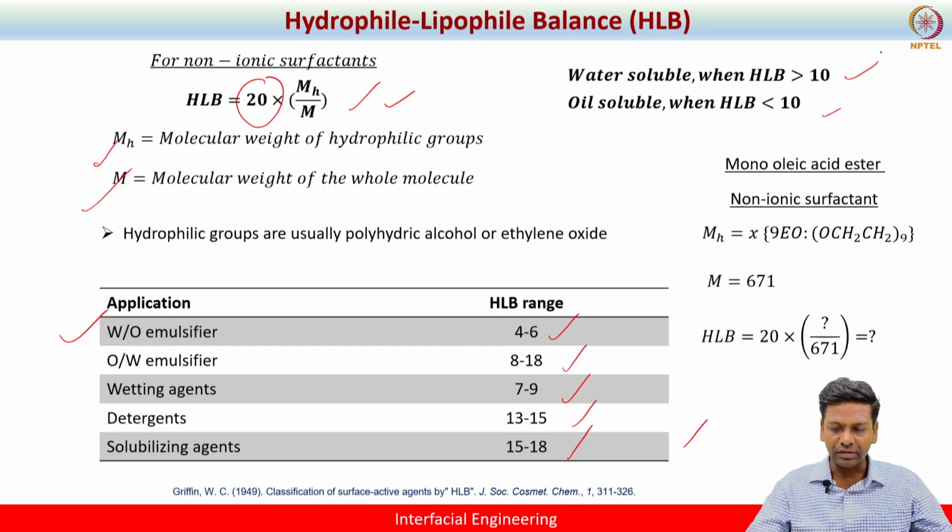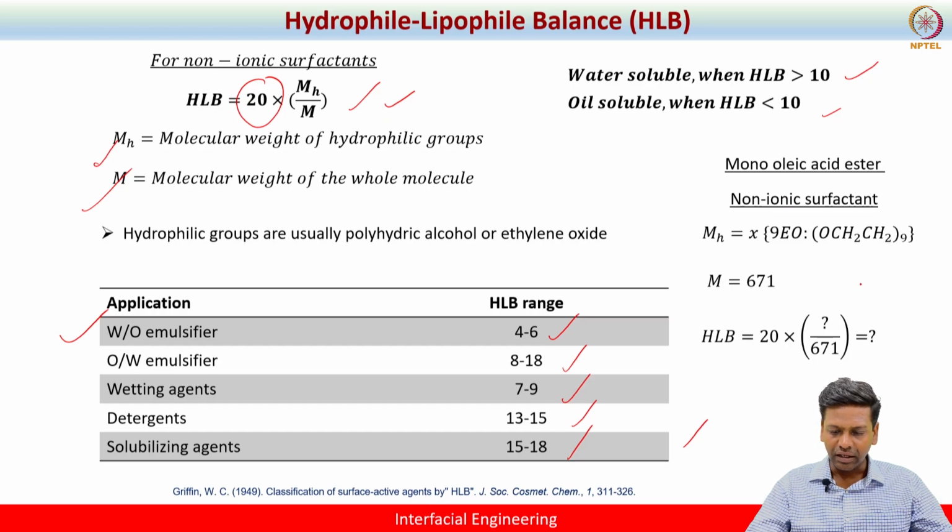So this is a simple rule: if HLB is greater than 10, they will be mostly water soluble, or you can say hydrophilic is the more dominant character. If it is less than 10, hydrophobic is the more dominant character.